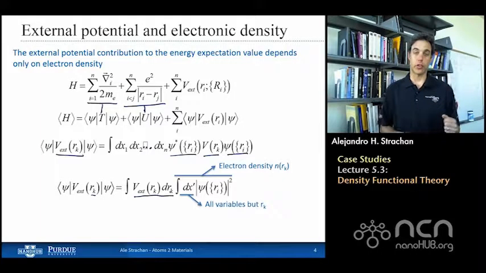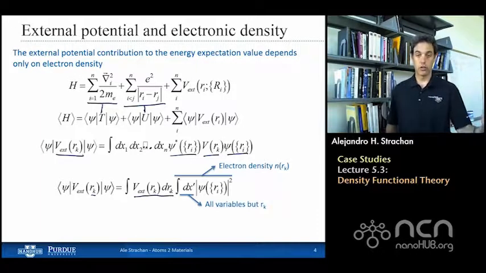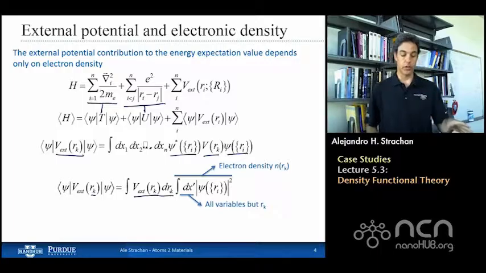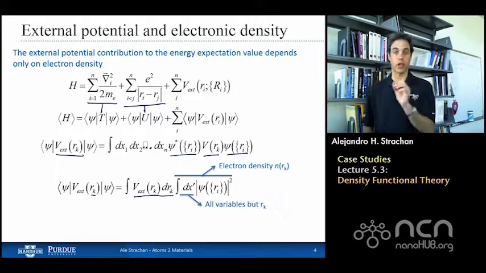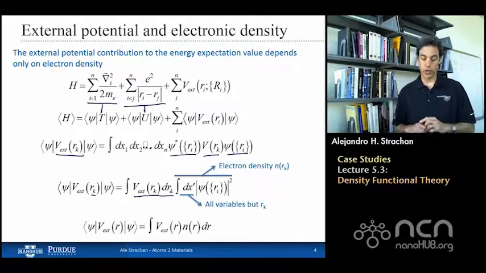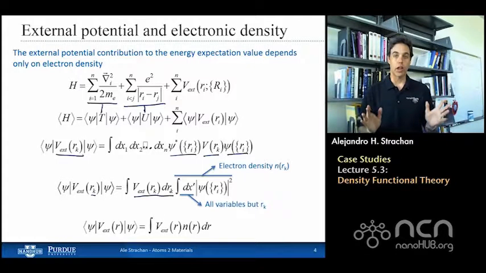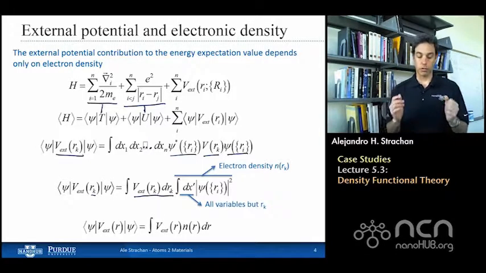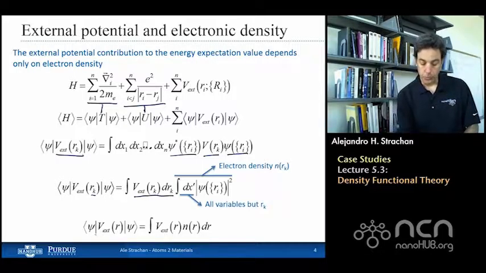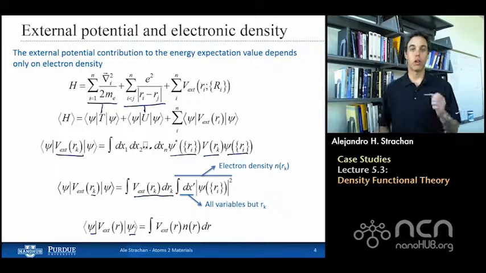So what I have is that the expectation value for the external potential is an integral of the external potential times the electron density. And that's what I have there. So this looks like a simple result, but it's very profound. If you see here, this is the full wave function.